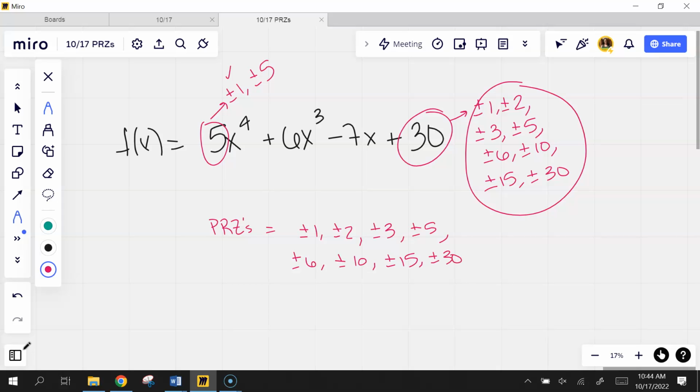But now I also have to take this whole list and divide every one of them by 5. 1/5, 2/5, 3/5. 1's already on there, so I don't need to write that again. 6/5. 10 divided by 5 is 2. That's already on there. I don't need that. 15 divided by 5 is 3. And 30.